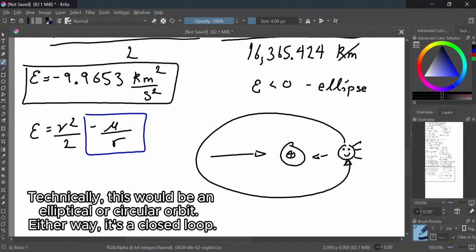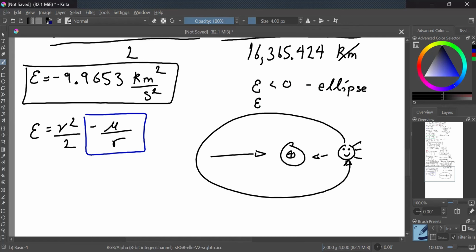And if we have a specific orbital energy that is greater than or equal to 0, we have, instead, the satellite that goes flying out away from the Earth, past the moon, past the sun, it just goes flying.